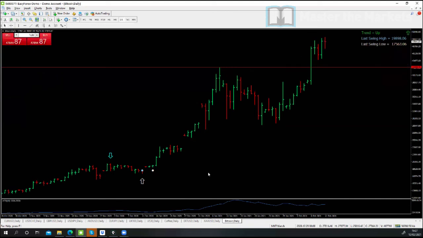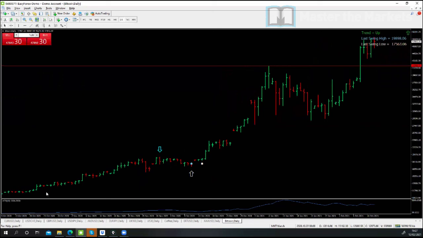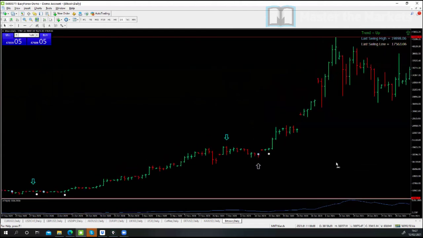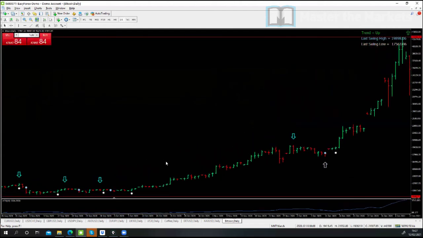So as I said before, if you had the foresight to get into the trade when it was down there, then you have made a good run on the Bitcoin. Okay, so that's the market update there.